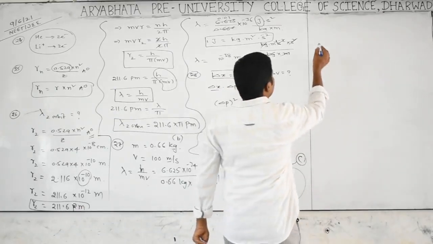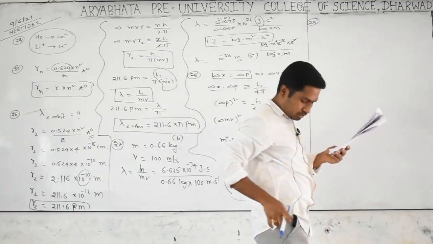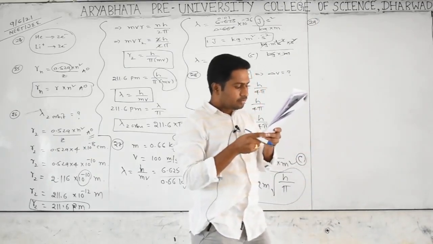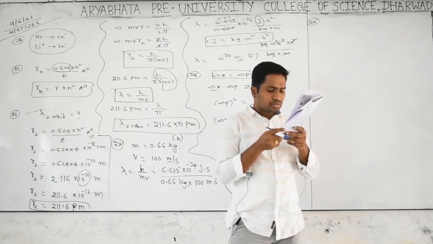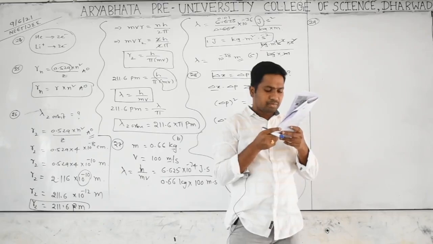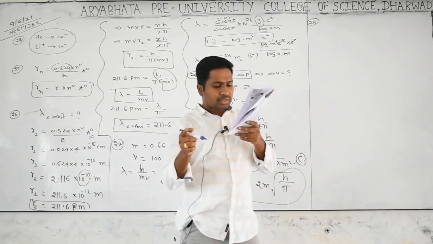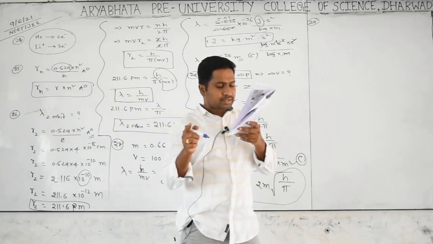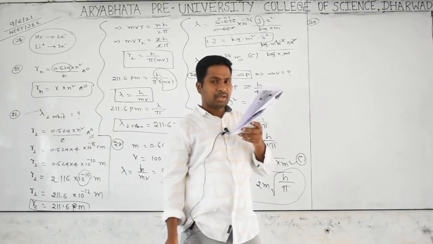And go for the 29th question. See carefully: the measurement of the electron position is associated with uncertainty in the momentum equal to 10 to the power of minus 18.